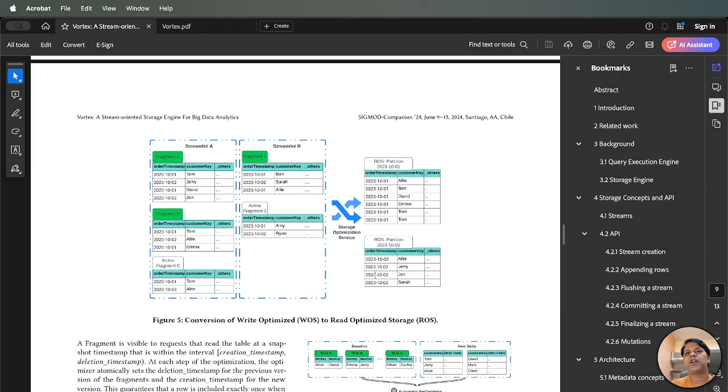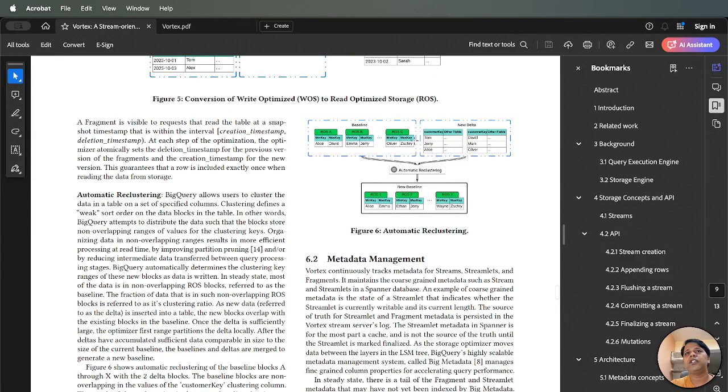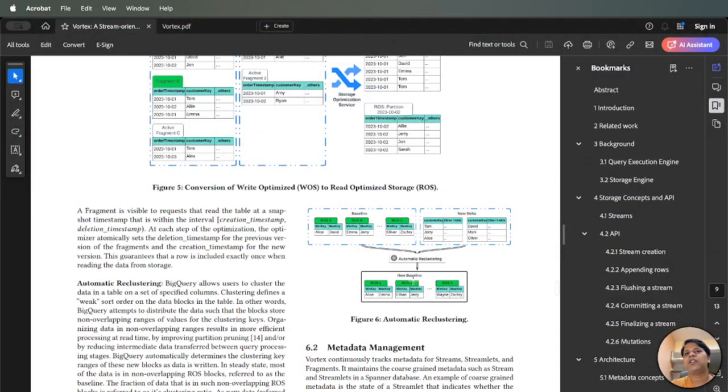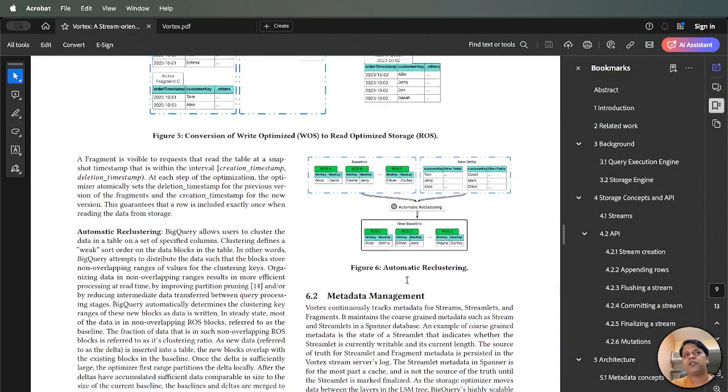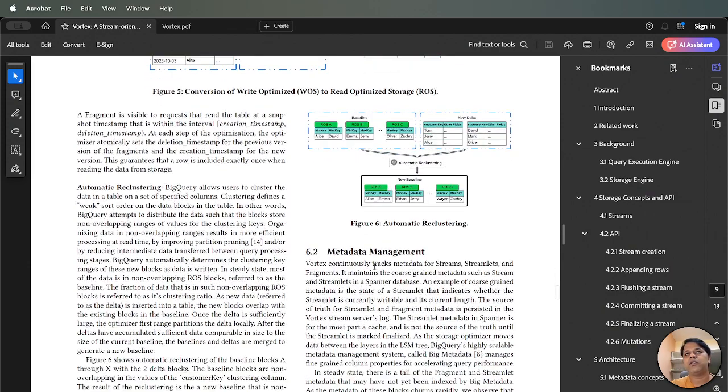Similarly for the other partition. For clustering, if this data is there, it automatically performs the clustering as well. If you see, for each of the clusters, this min key, max key changes based on the data coming in from here. So basically it is doing automatic reclustering if the table has clustering on it.